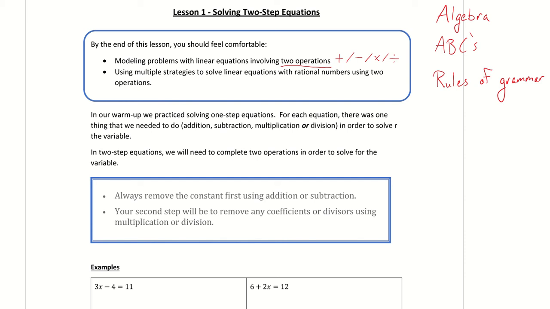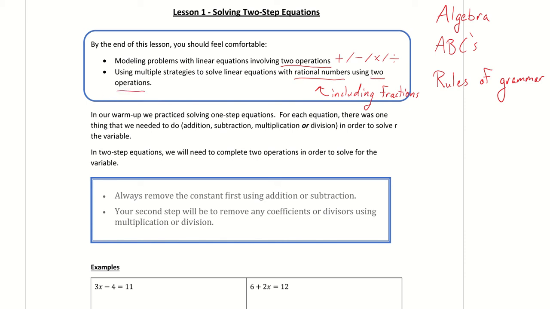And then using multiple strategies to solve linear equations with rational numbers. So we are including fractions here. Fractions will never truly go away. So using multiple strategies to solve linear equations with rational numbers, again, using two operations.